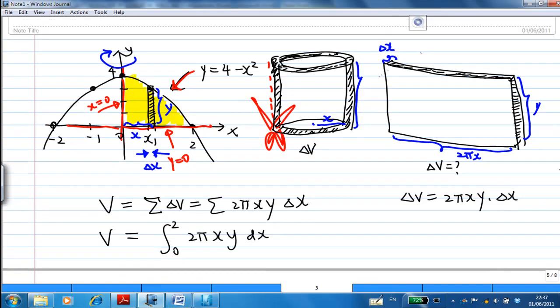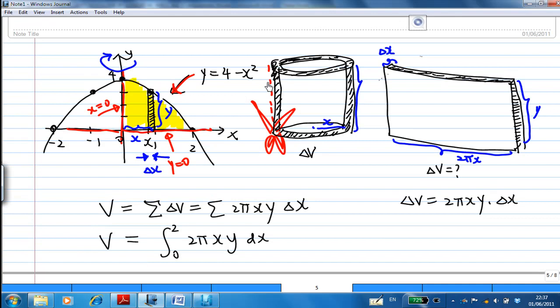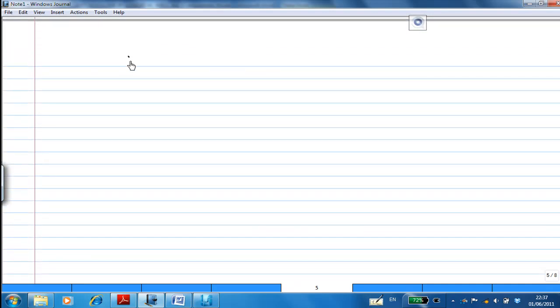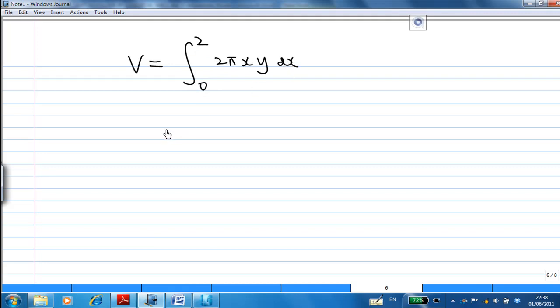Now y is equal to 4 minus x squared. So let's continue. V equal to the integral from x equals 0 to 2 of 2 pi x y dx, and y is equal to 4 minus x squared.